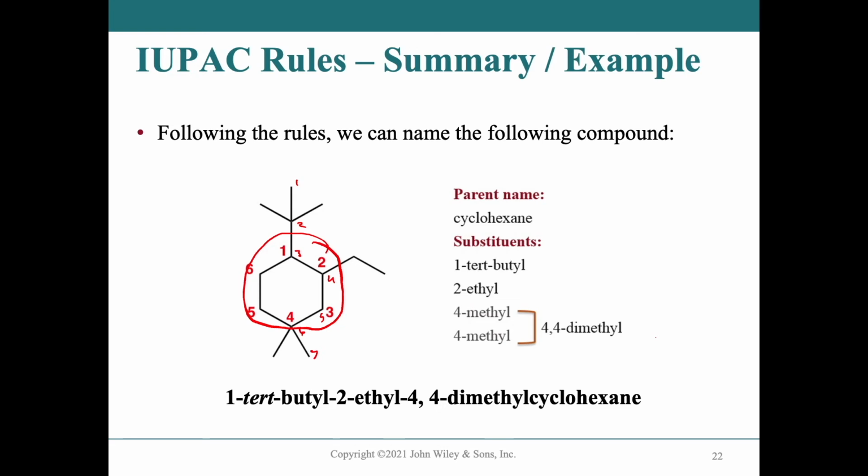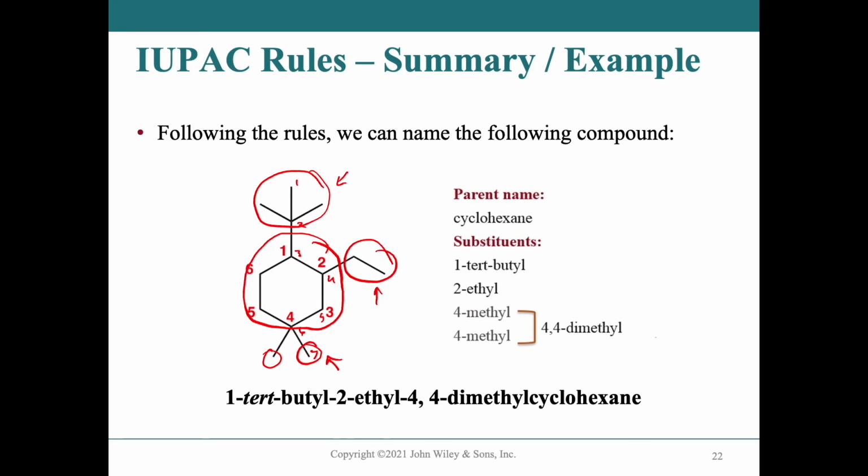This guy right here only has 4 carbons. This guy over here only has 2. This guy only has 1, and this guy only has 1. And so the parent here is going to be the cyclo. And the rest of those, this tert butyl right here, this ethyl right here, and these 2 methyls right there, are going to be substituents.